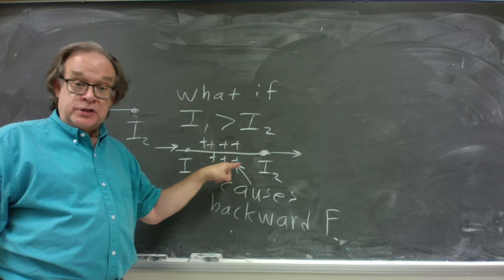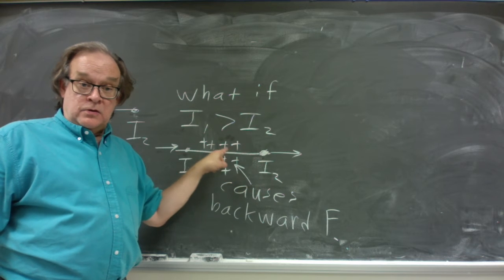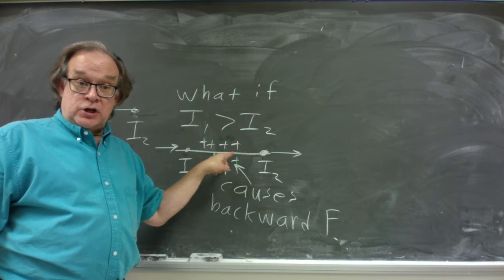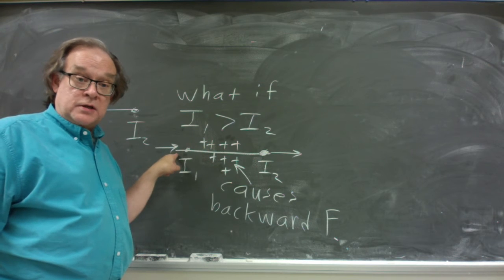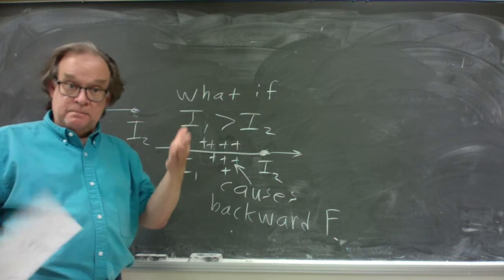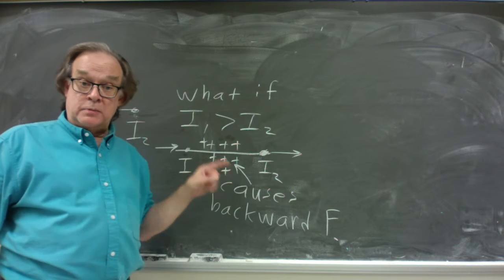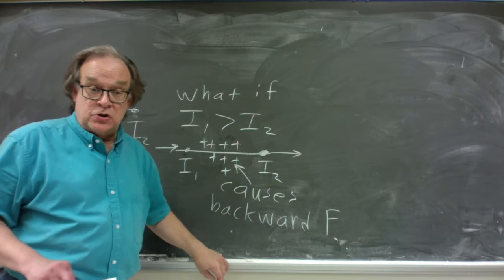If charge piles up here because this current is bigger than this current, then this pile of charge causes a backward force on these things, slows these charges down until everything is back to equilibrium, until this current here is exactly the same as this current.